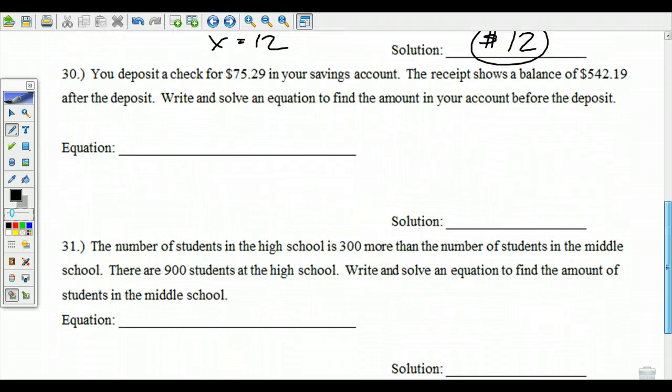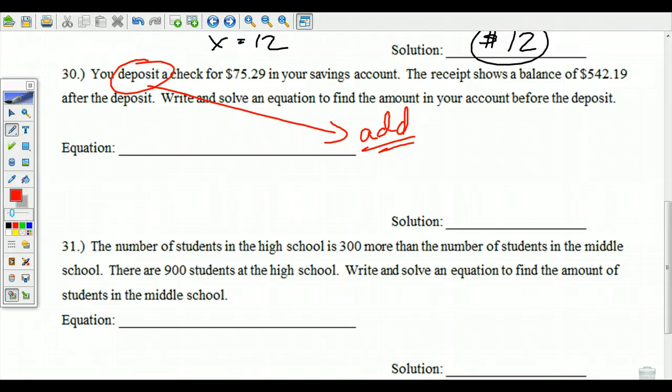Number 30, you deposit a check for $75.29 in your account. The receipt shows a balance of $542.19. Write and solve an equation to find the amount in your account before the deposit. So the key word that we've talked about in class is deposit, and that means add. You're putting money in. So it's going to be an equation like something plus something equals your total amount.